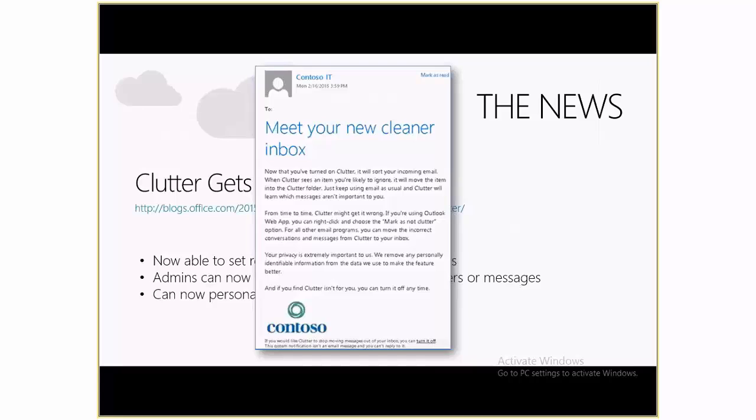Now the key thing about this feature too is that it's down to the person to turn it on in their own mailbox. So it's not something that's just going to appear and start throwing mail in a Clutter folder and everyone has to get used to that. You can communicate with your staff and say this is a feature, this is how you turn it on in Outlook Web Access. And we have seen mixed results.